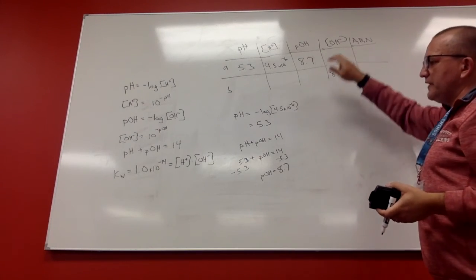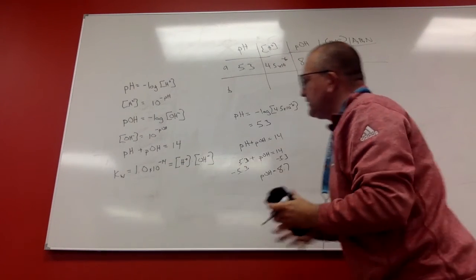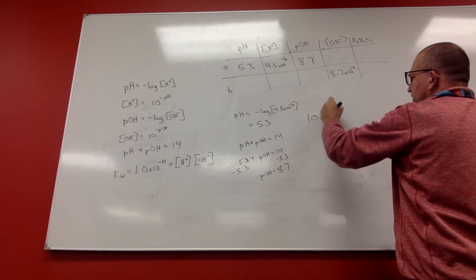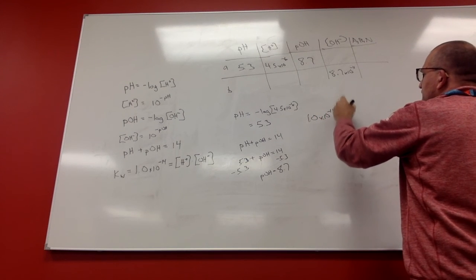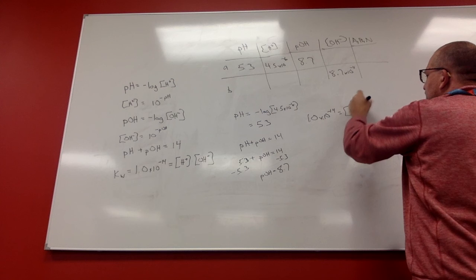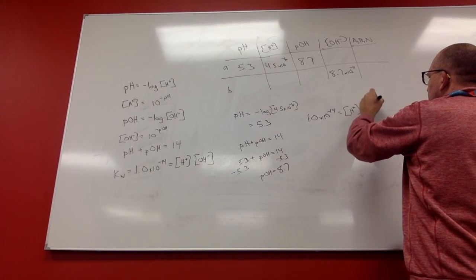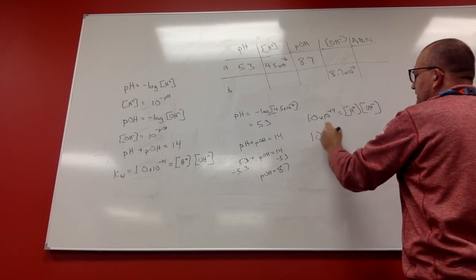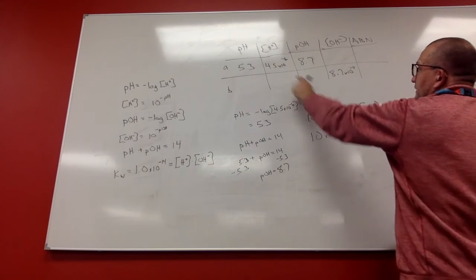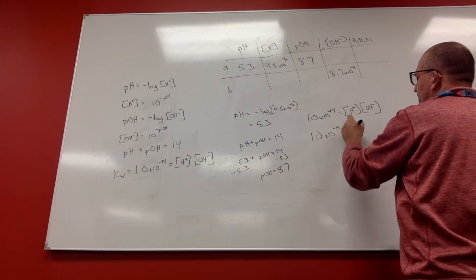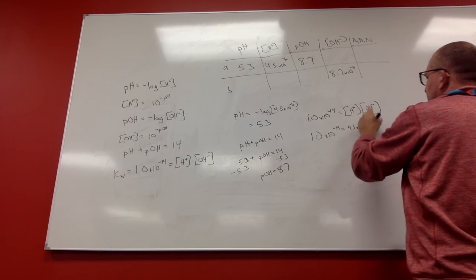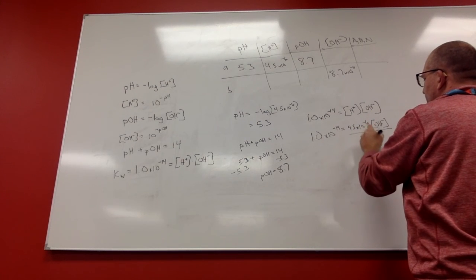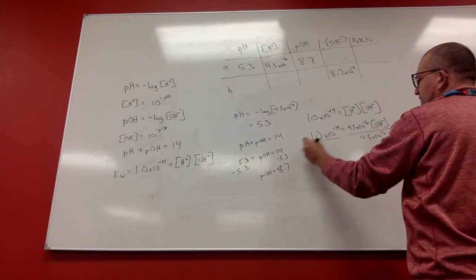To find our hydroxide ion concentration, I'm going to use this, Kw. So 1.0 times 10 to the negative 14 is equal to this multiplied by this. I'm solving for this, so I know what this is, right? Because that was given to me at the beginning. Hydrogen ion concentration is this, 4.5 times 10 to the negative 6. Divide by 4.5 times 10 to the negative 6 on each side.